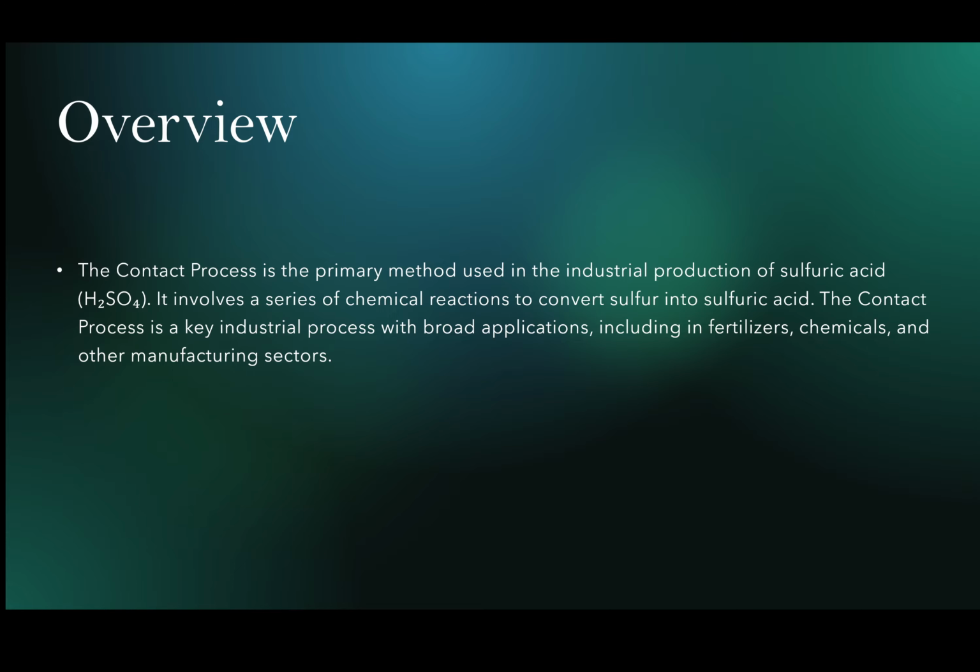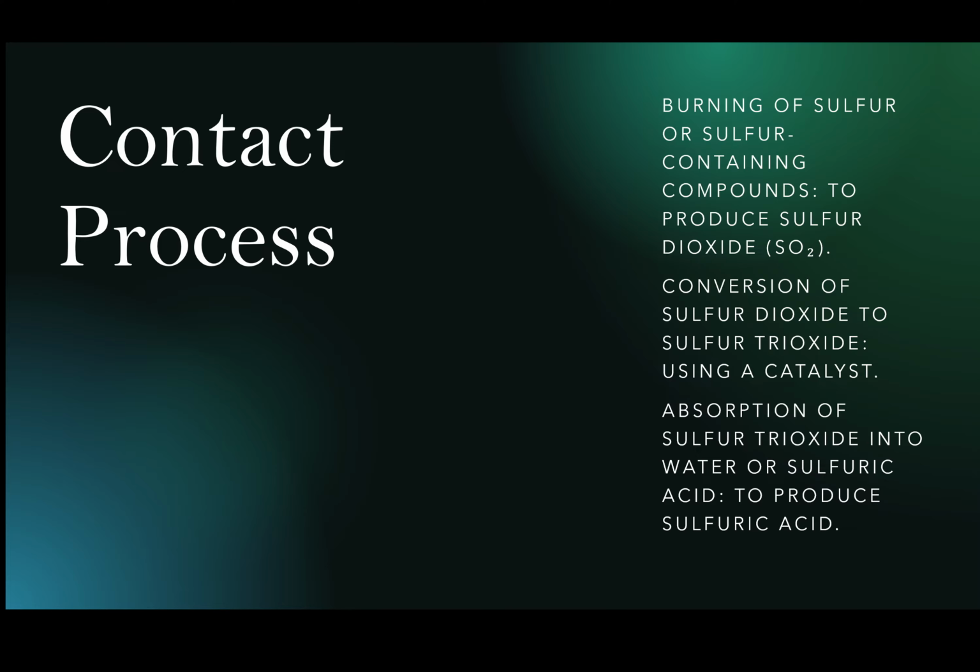All right, so looking at the contact process, we're looking at three things: the burning of sulfur or sulfur containing compounds to produce sulfur dioxide. That is one. Two, conversion of sulfur dioxide to sulfur trioxide using a catalyst.